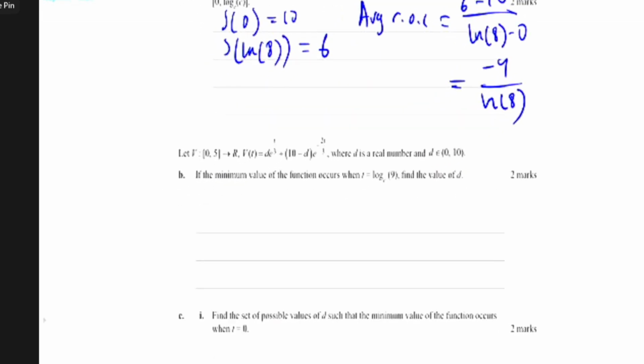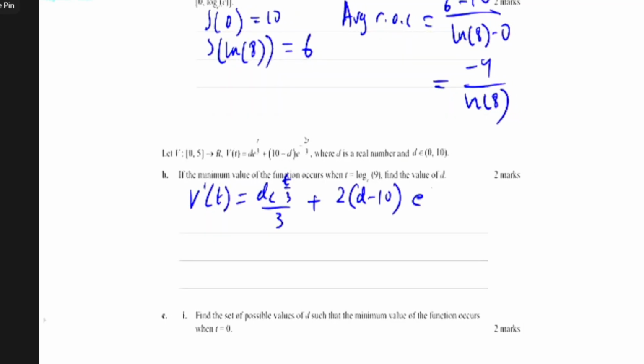If the minimum value of the function occurs at t equals ln 9, find the value of d. So find v dash of t. V dash of t is pretty big. It's d e^(t/3) over 3 minus 2(10 minus d) e^(-2t/3) divided by 3.